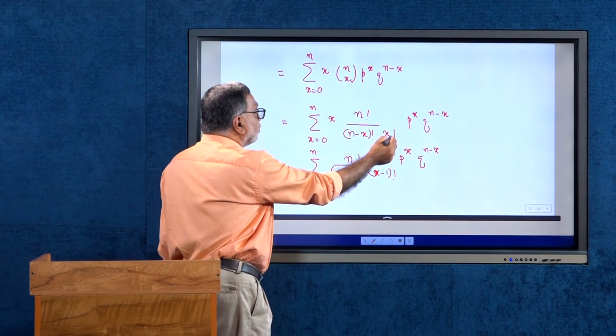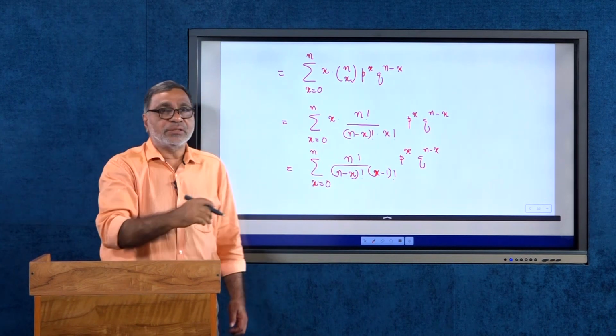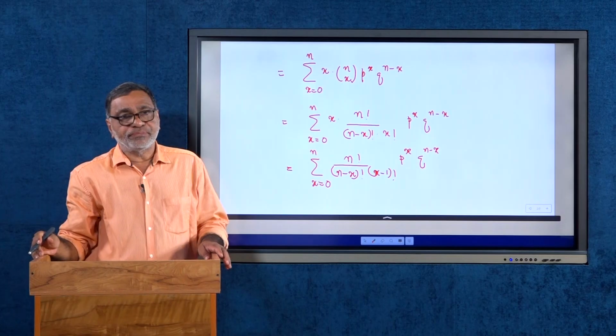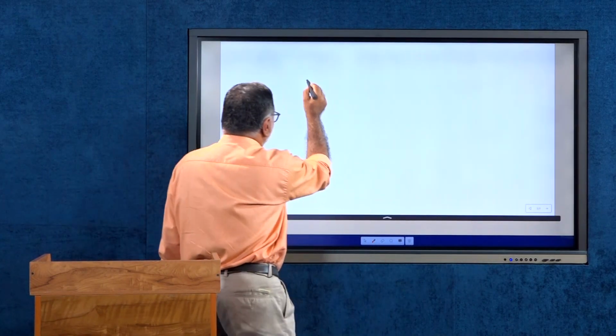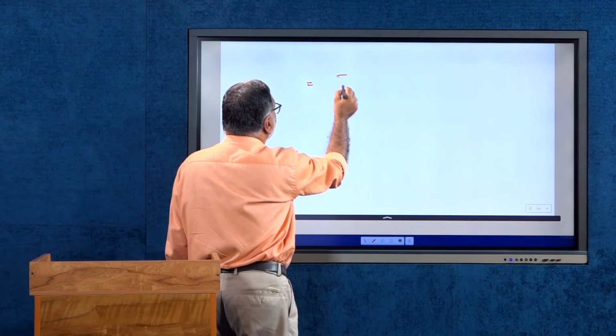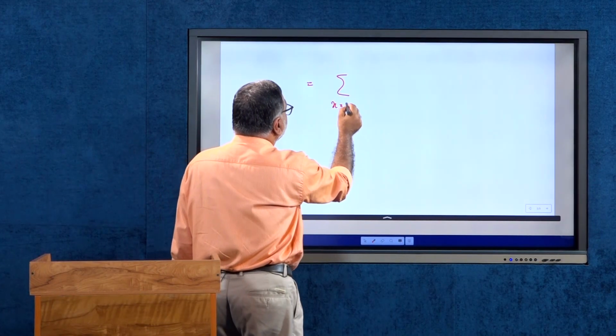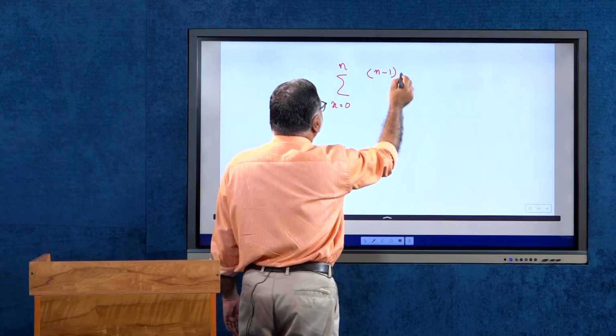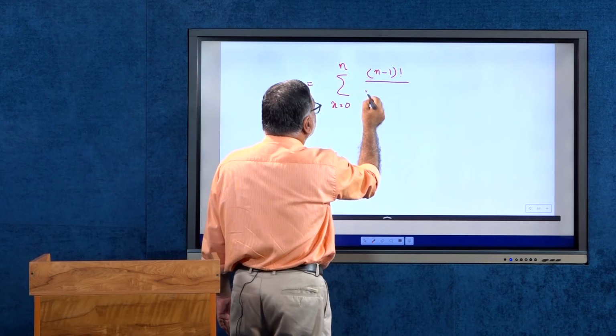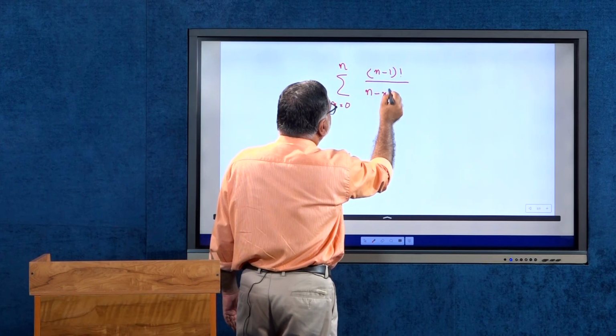The x from x factorial cancels, then this becomes (x-1) factorial, and that is equal to sigma over x equal to 0 to n of n factorial divided by (n-x) factorial.